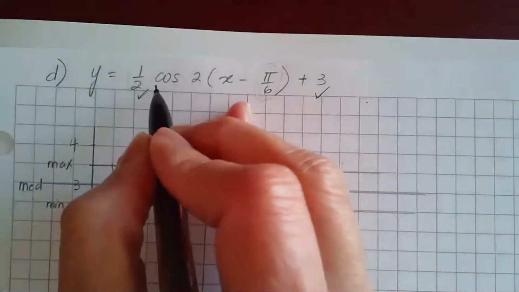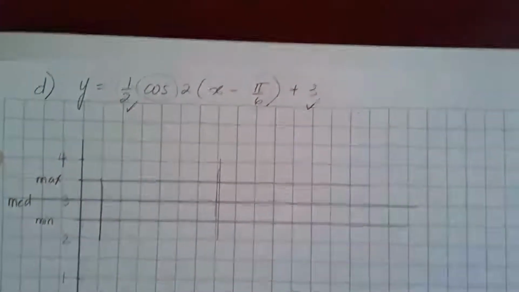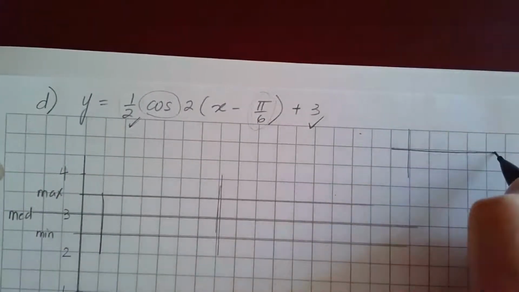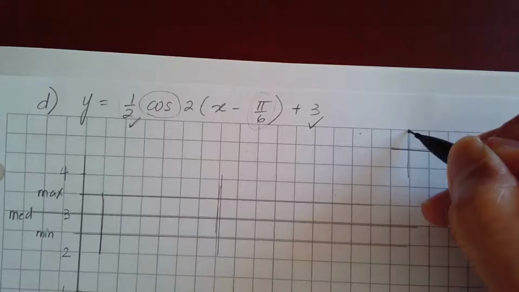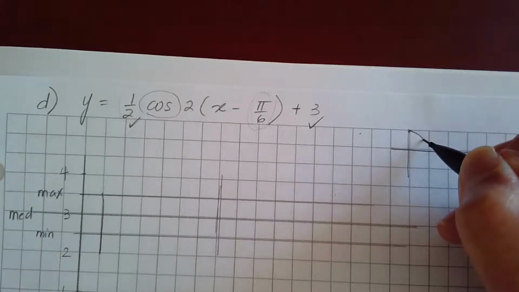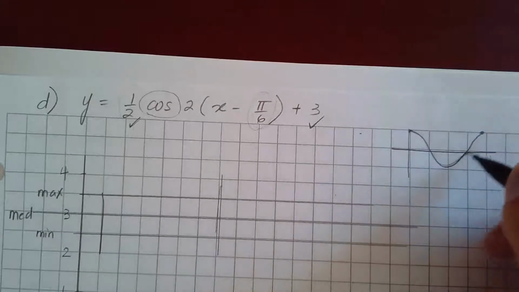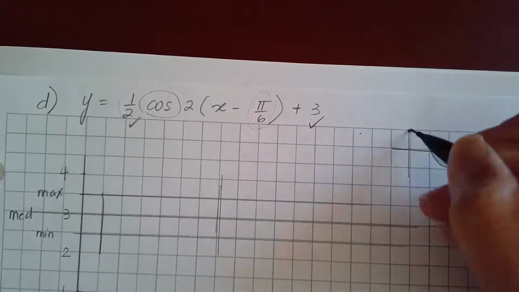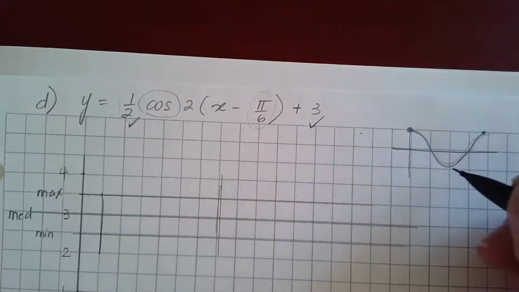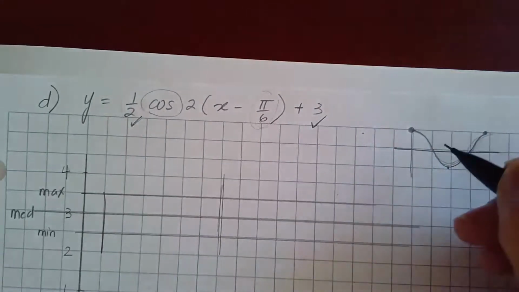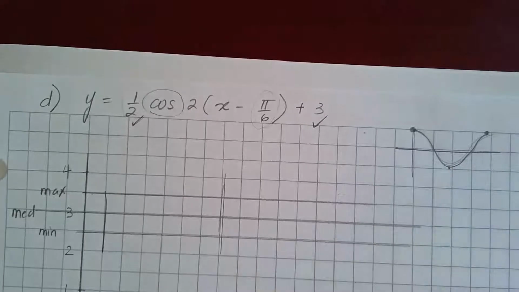Now, what does a cosine graph look like again? Cosine graph looks like starting with the maximum and ends with the maximum. Remember that one. Starts with a maximum, ends with a maximum, and then minimum in the middle, median, median.